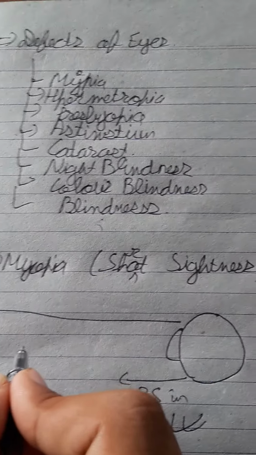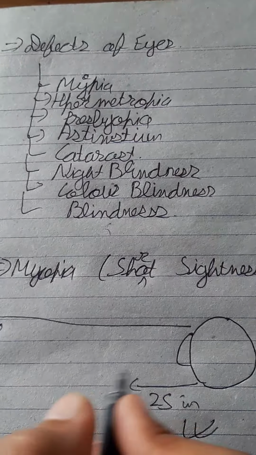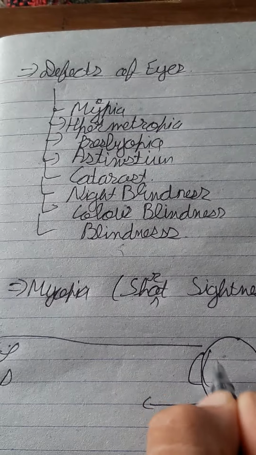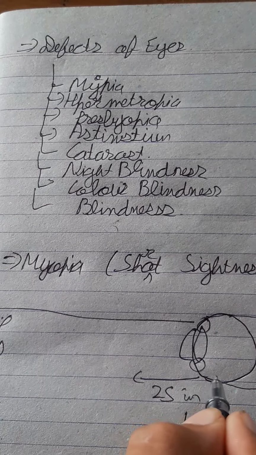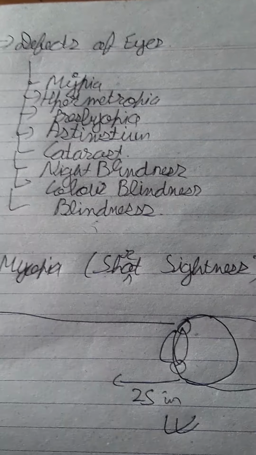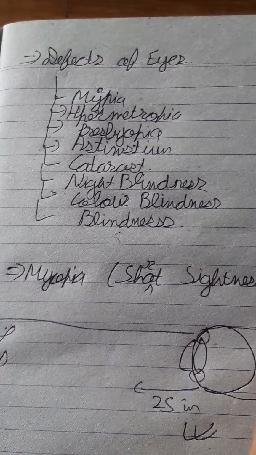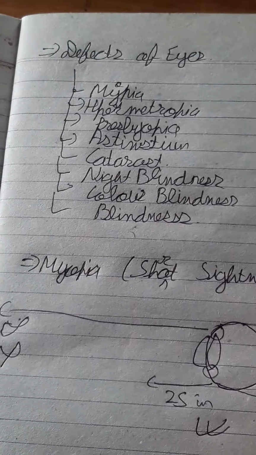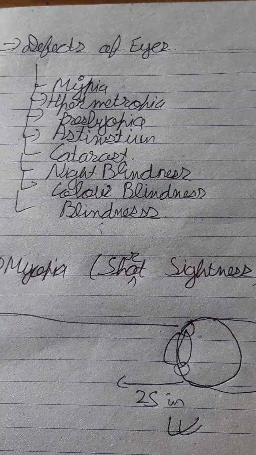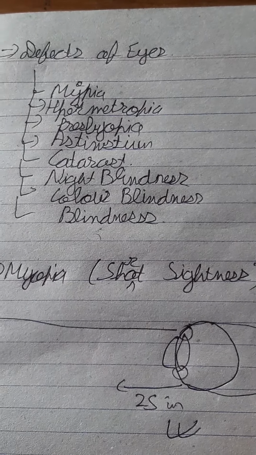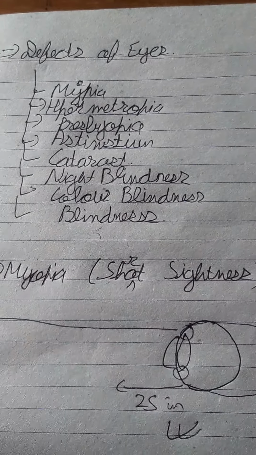How is it caused? It is caused due to the lens not working properly or the eyeball becoming elongated. Why does the eyeball become elongated? There may be two reasons. One may be a genetic difference or a defect in the DNA, and another could be rubbing your eyes. So you should not rub your eyes.